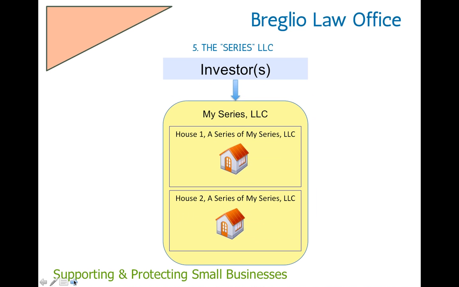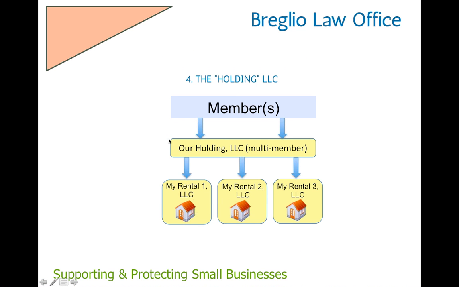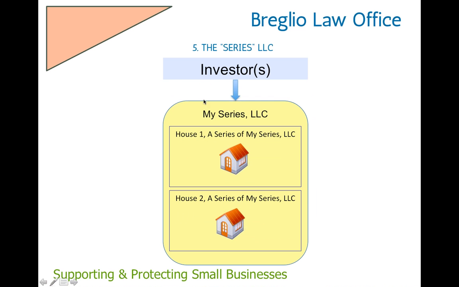Now here's one that is newer that I get a lot of questions on. It's the series LLC. What a series LLC does is it mimics this arrangement in one LLC. So you have an LLC that's defined by state, and you have to have the right kind of articles of organization and the right kind of operating agreement.